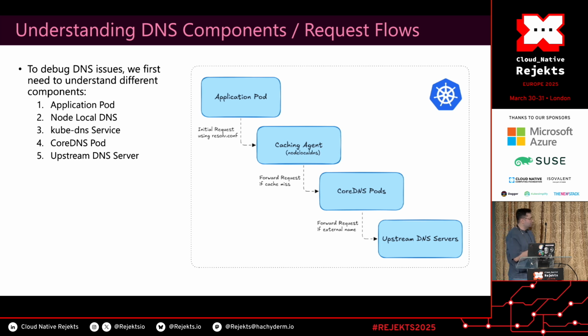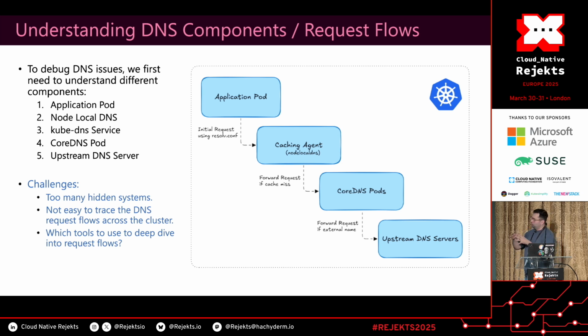If you have a caching agent like node local DNS, then it can answer the request directly. Otherwise, the request is forwarded to the CoreDNS pod. If the domain you're trying to resolve is an external domain, it'll forward the request to an upstream DNS server. Otherwise, if it's a Kubernetes service or a pod, it'll be answered directly.